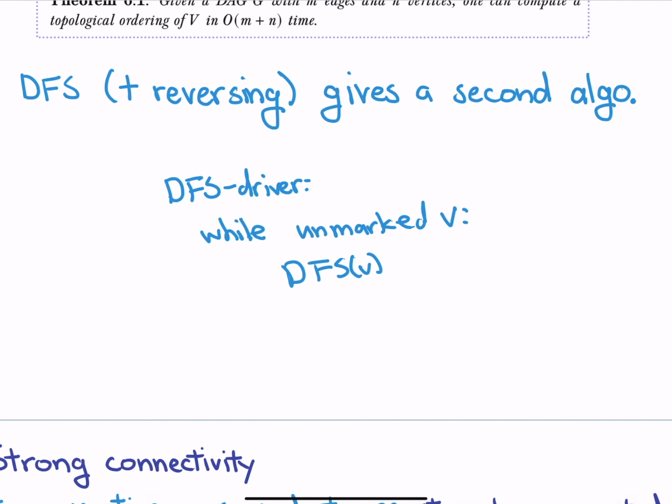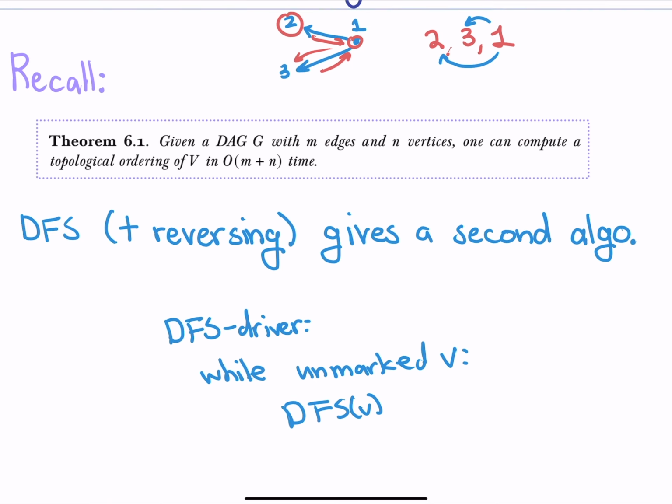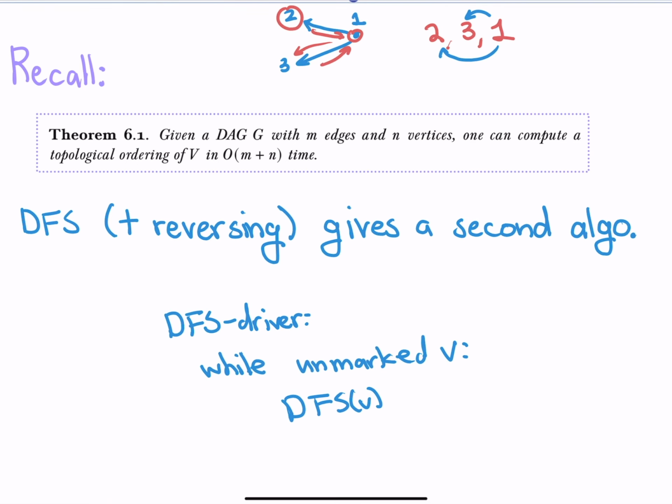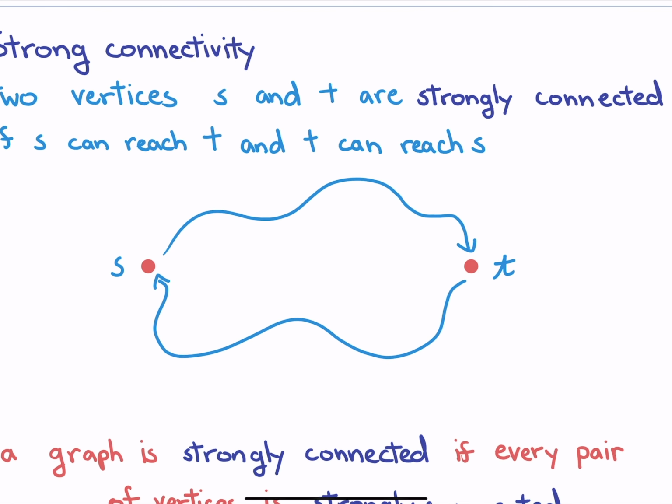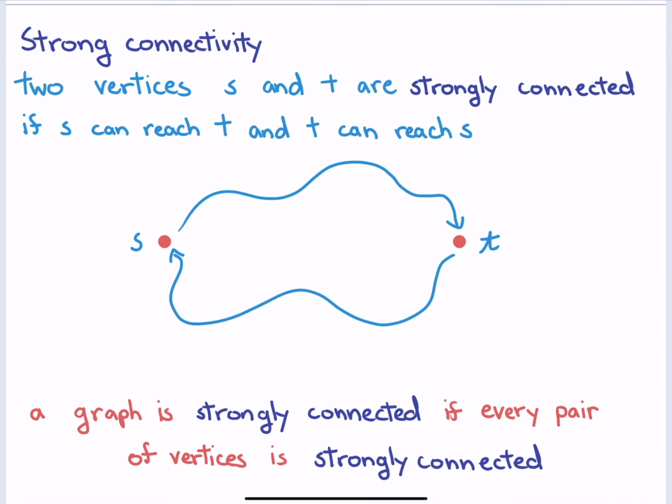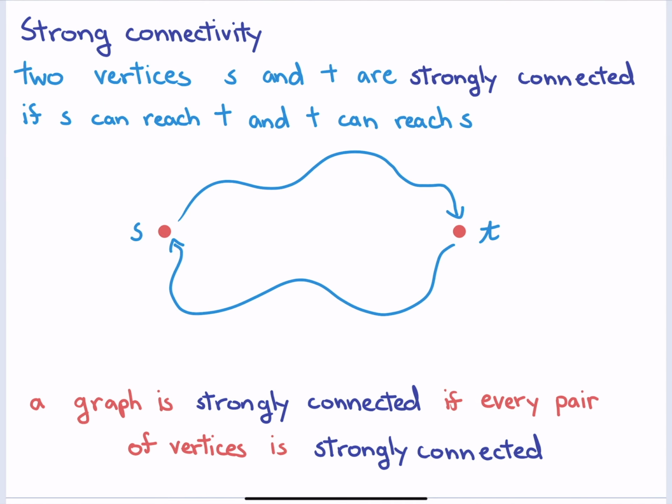The next part is that things are simpler in DAGs because there are no cycles, and you get these topological orderings. You don't have that in a general graph, but we're going to see how much of this can carry over. Here we have to introduce the notion of strong connectivity.